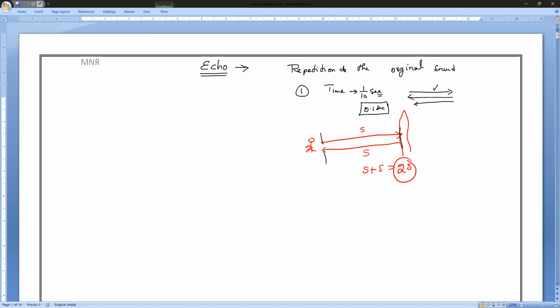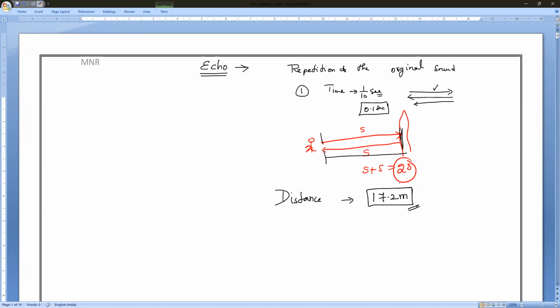Now, the minimum distance which is required to hear the echo. What is the minimum distance to hear the echo? 17.2 meters. We have even calculated this. Am I right, guys?